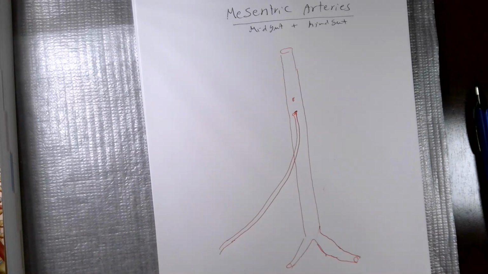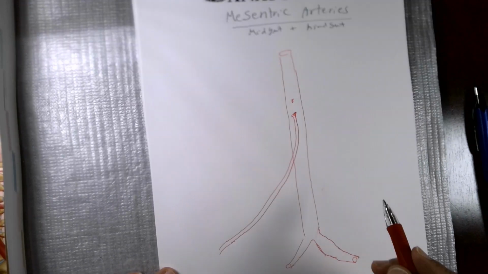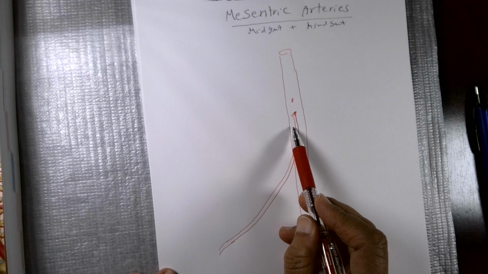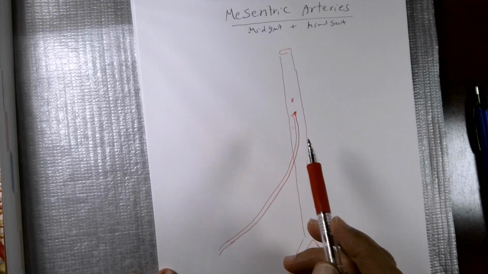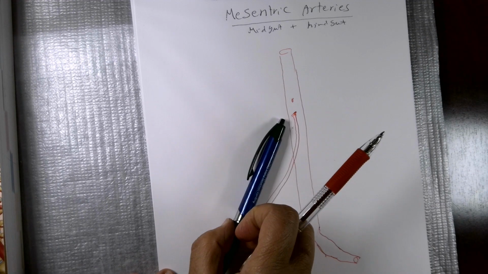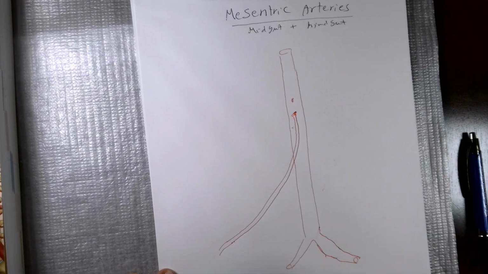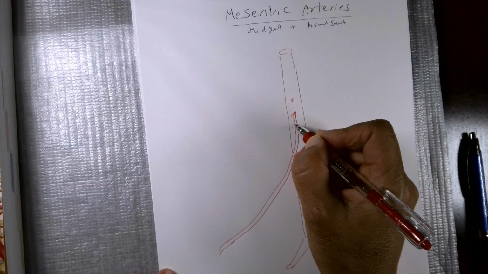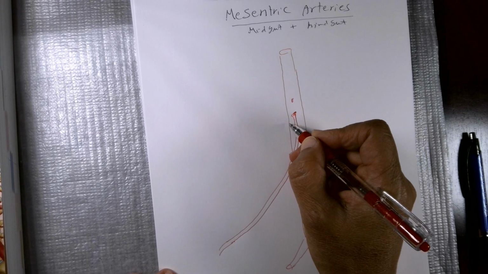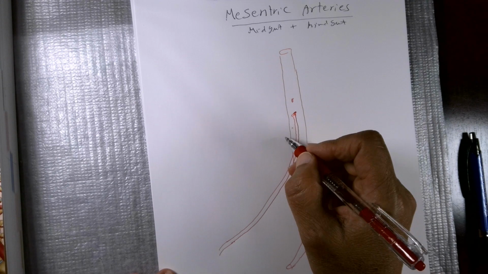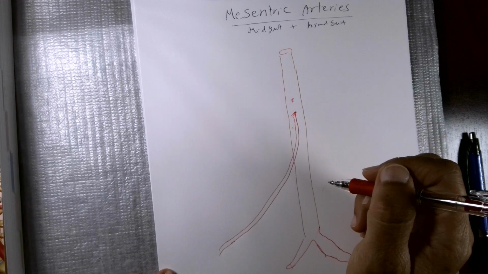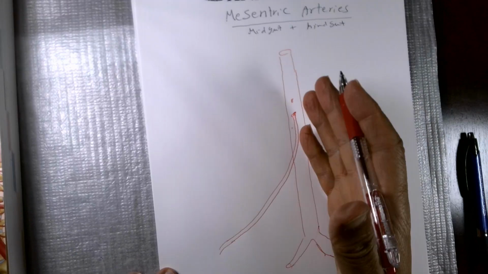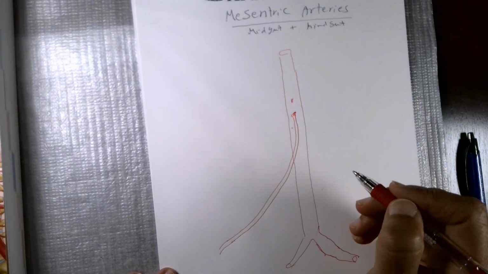During its course from left to right, usually the vein is to the right side of the artery. The vein is going to be on this side. It's going to send multiple branches. The first one here, middle colic, then inferior pancreatico-duodenal, then right colic and ileocolic, and from the left side it is going to send 15 to 20 branches to the small intestine.